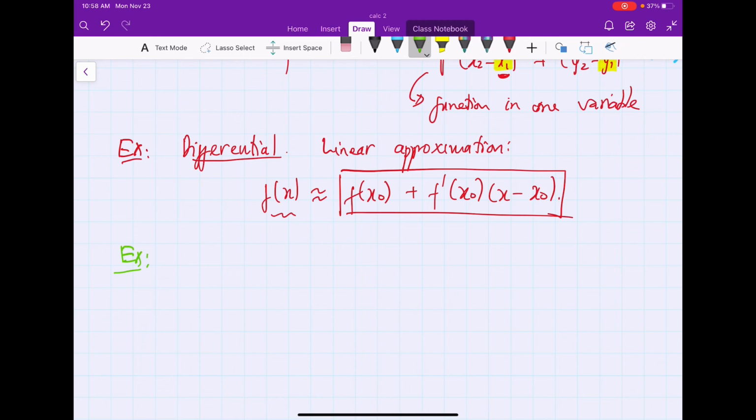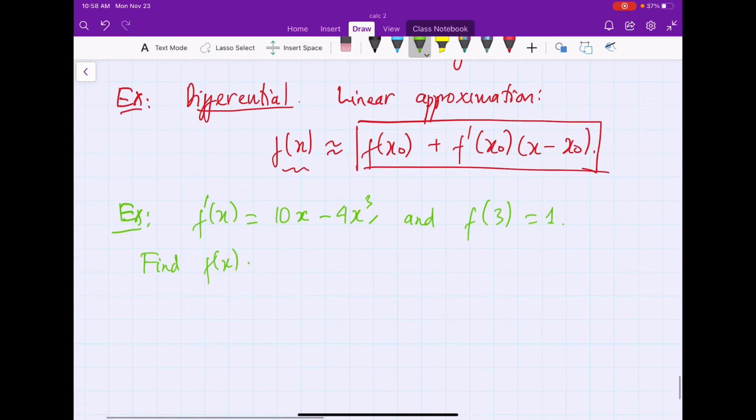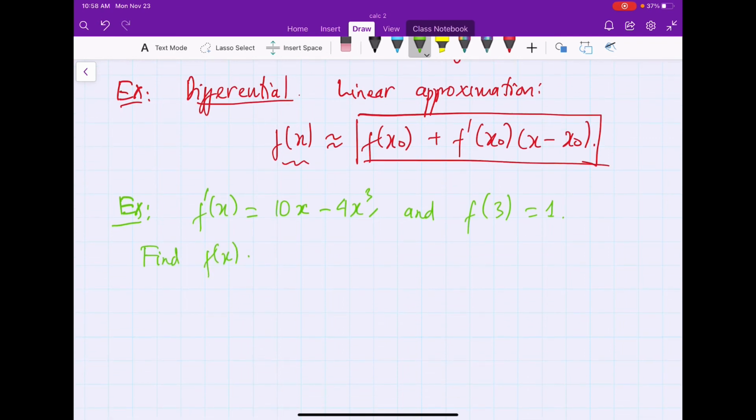So now we have f prime of x equal to 10x minus 4x cubed, and we know that the function value at 3 is equal to 1. Let's find the function f. We need to recover the function knowing the derivative, which means you just need to integrate that.